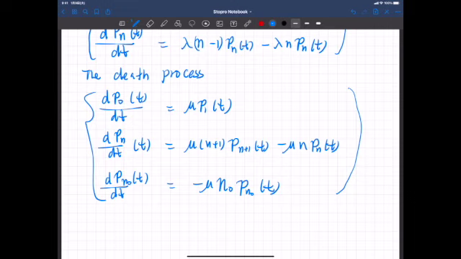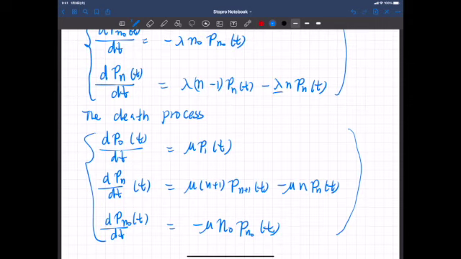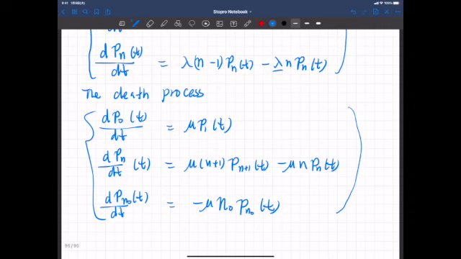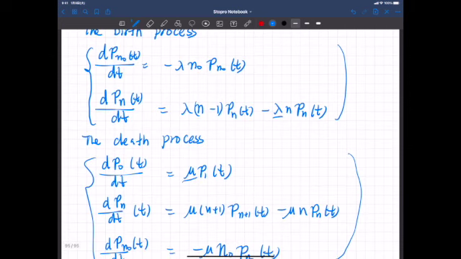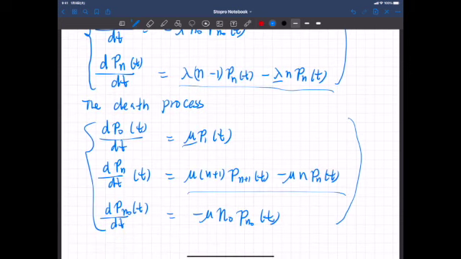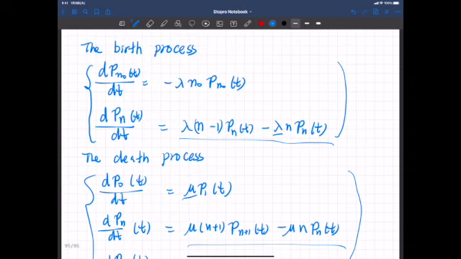So there can be birth and death at the same time. So the birth rate is lambda, and the death rate is mu. So if we just combine these two, just add these terms with these terms and these terms with these terms.